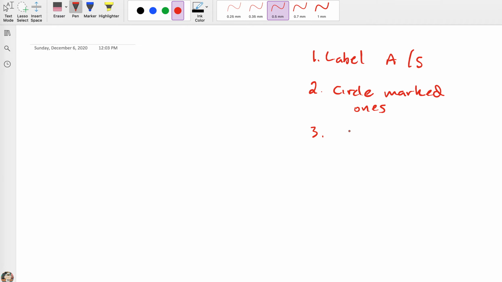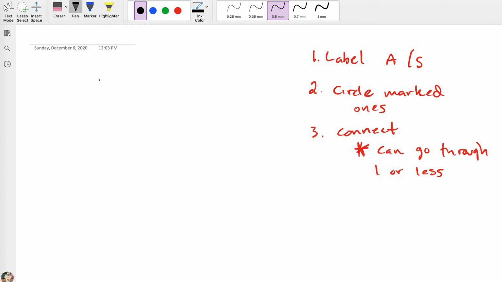And then we're going to connect the things we circled. And the one thing about connecting is you can go through only 1 or less of the things we are connecting, not 2. So this will all make sense in a moment.